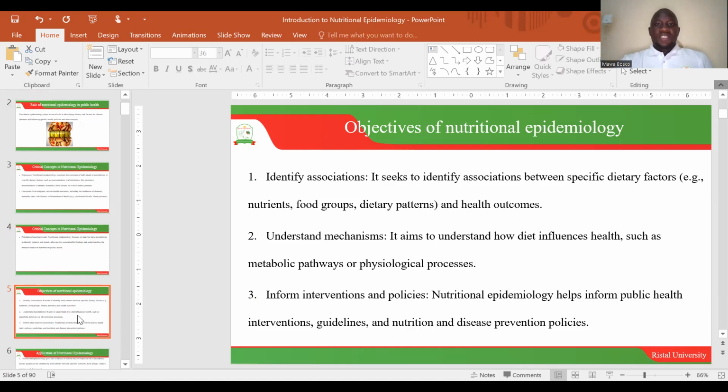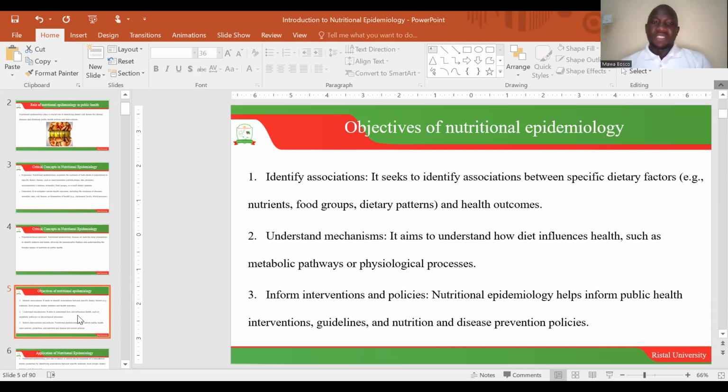So the interest of nutritional epidemiology is basically to look at the foods that people eat and what health outcomes are associated with them. We want to identify that kind of association. And for the different foods, how do they result into these health outcomes?